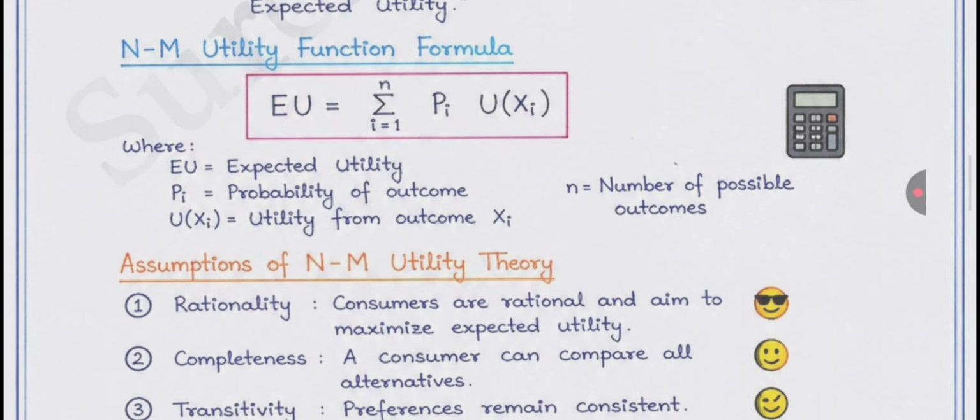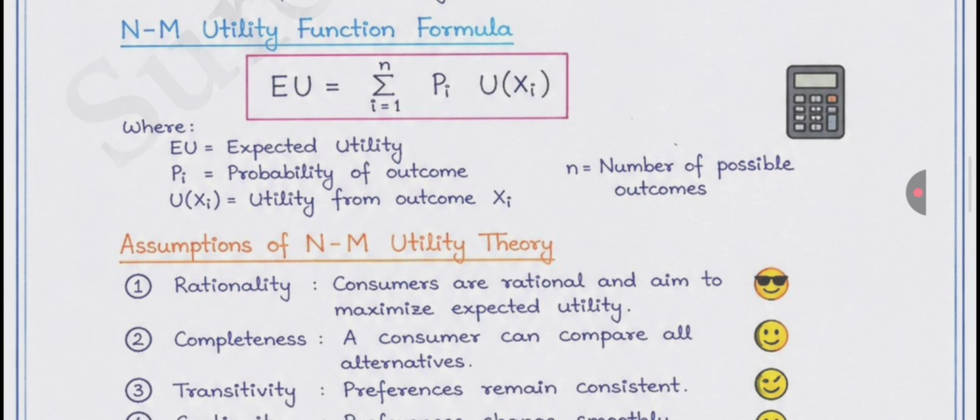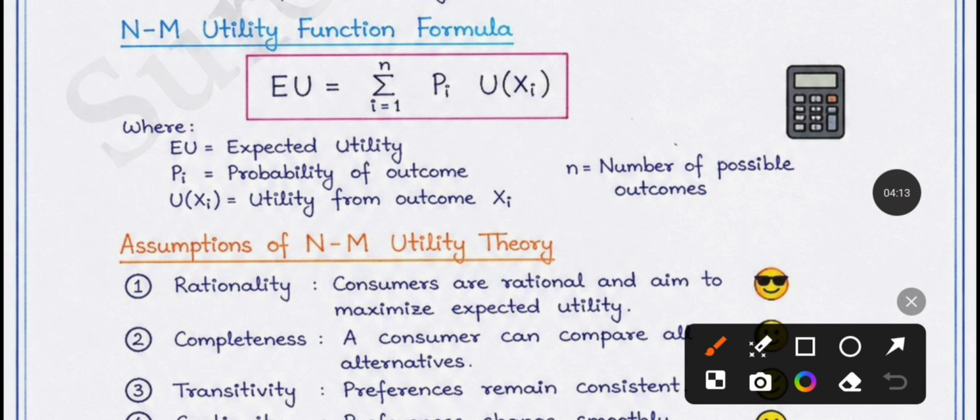If we talk about the formula of this function, the function is EU, which is expected utility, equal to the summation from i equal to 1 to n of p_i times U(x_i).